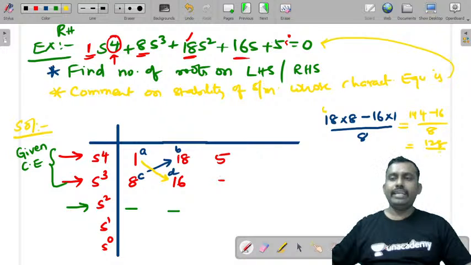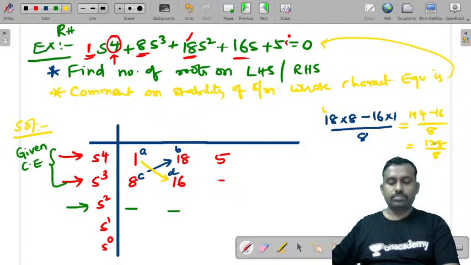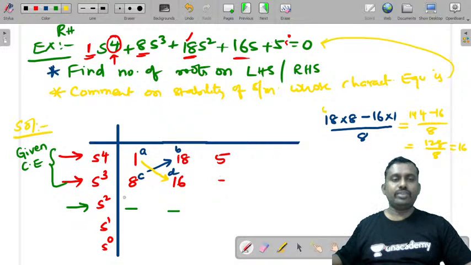It is 128 by 8. So it is 16 again. So here the value you have to write is 16.